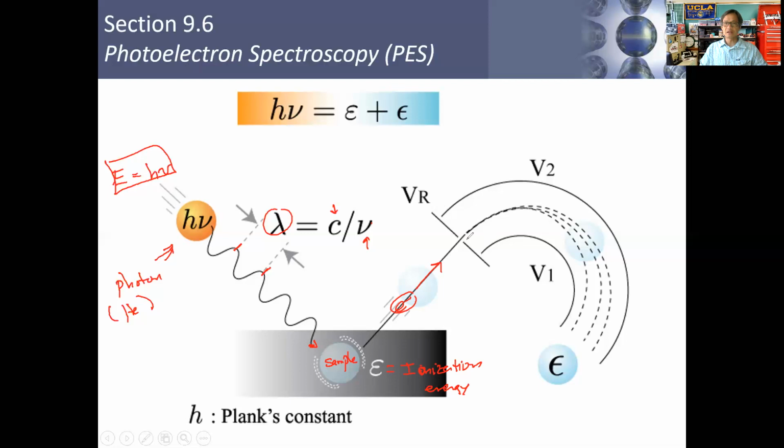As they are pushed out, certain electrons are going to move here. These electrons will have a higher speed, and these are the lower speed electrons. The higher speed electrons will take a broader path, and the lower speed electrons will take a shorter path.